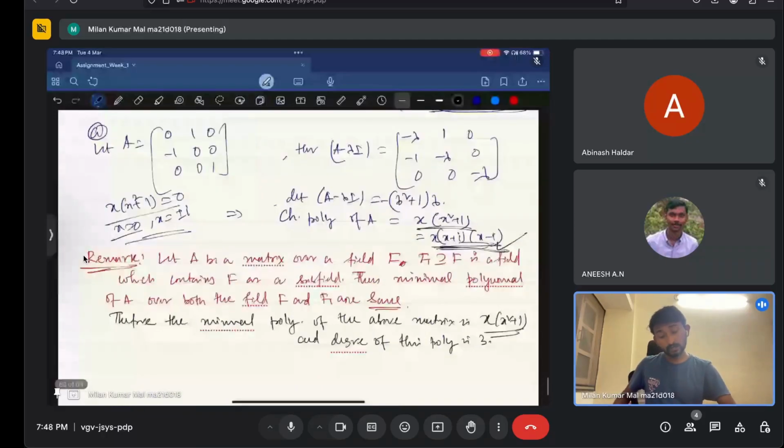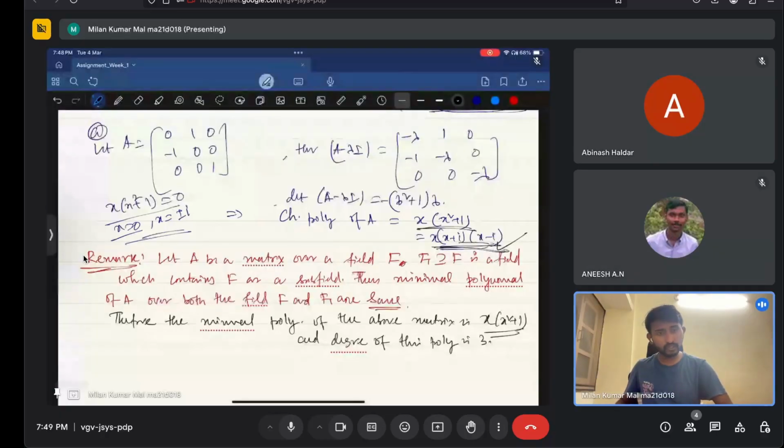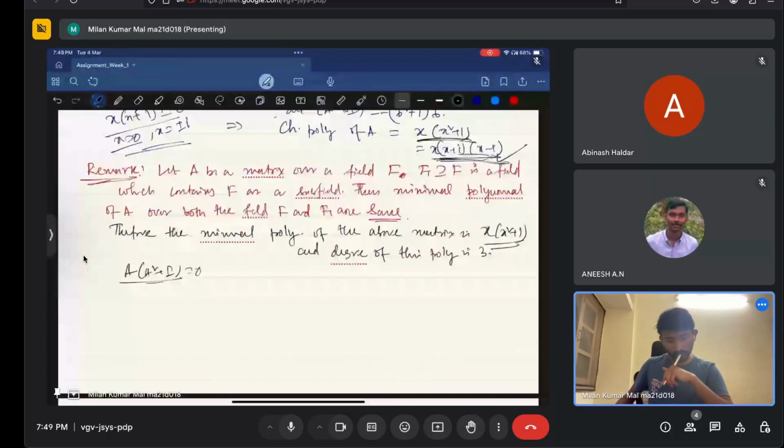Because we are getting that A times (A squared plus identity) is 0, so whatever matrix we multiply with this will be 0 again.